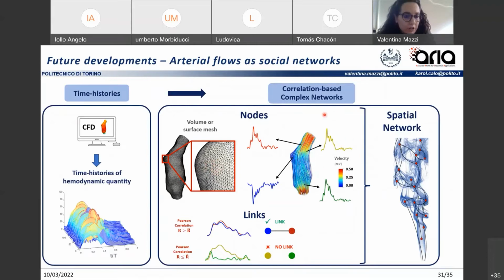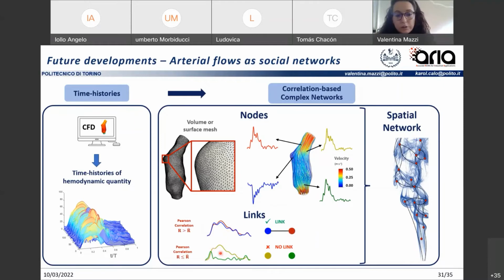Then a correlation criterion is used to build the complex networks, which are made up of nodes and links between nodes. In particular, the nodes are represented by the time histories of the specific investigated quantity at each grid point. If the correlation coefficient between two time histories is greater than a specific correlation threshold, then a topological link is established between the two nodes.